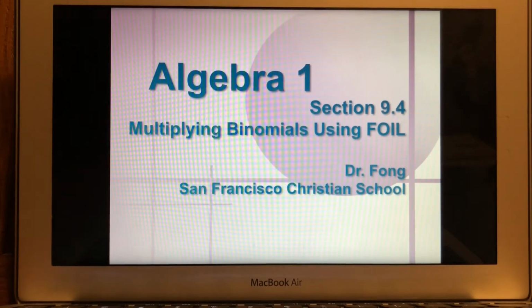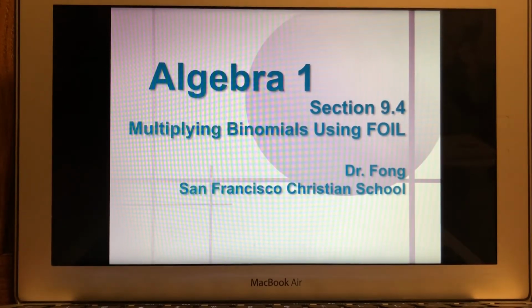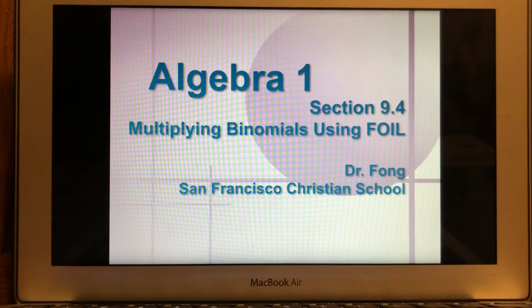Hello, welcome. Here we continue with our polynomials in chapter 9, and we are in chapter 9.4 now, multiplying binomials using FOIL. I have been eagerly anticipating this section because the FOIL method is something I learned in junior high and high school, and it has stuck with me ever since.